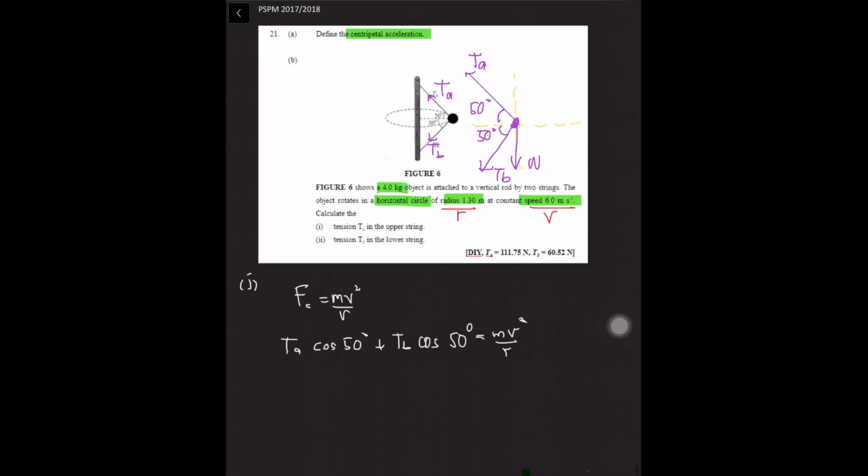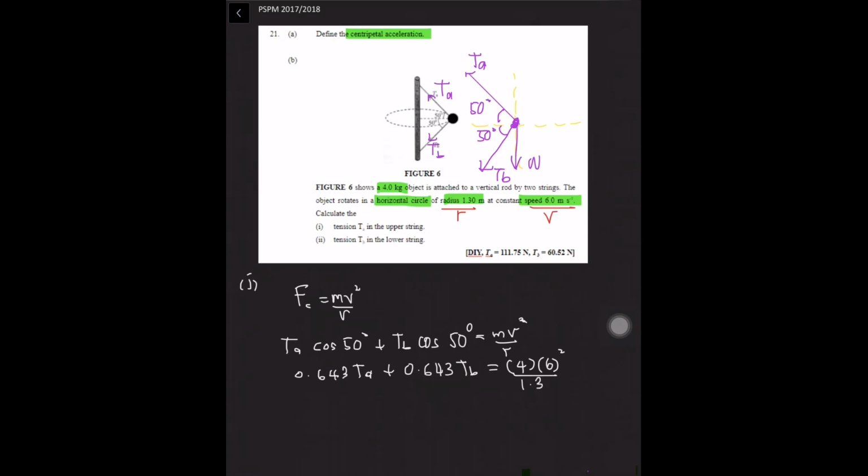Substitute the values that we have for mass, speed and radius. TA cos 50 we will get 0.643. Make sure your calculator is in degree mode. So 0.643 TA plus 0.643 TB equals mass 4, v is 6 squared, divided by radius 1.3.